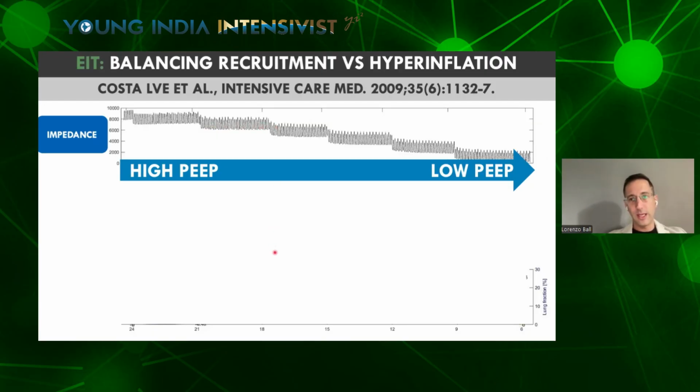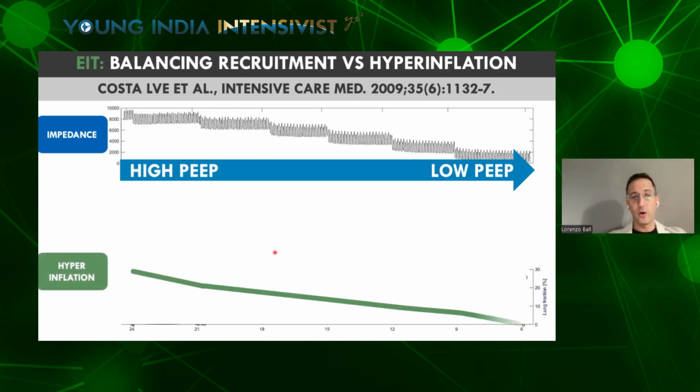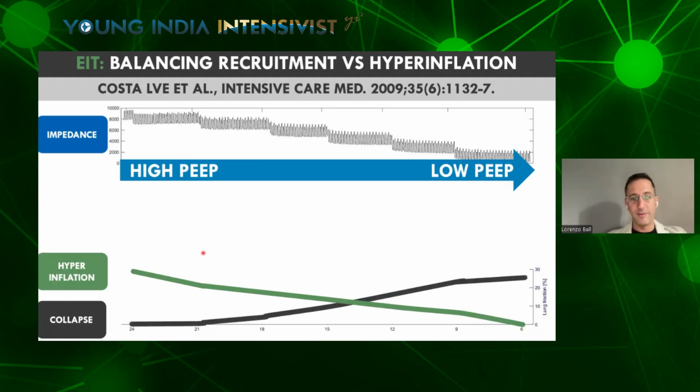What I can do with the EIT is tracking the amount of hyperinflated tissue, which of course decreases with decreasing PEEP, because I will have a lot of hyperinflation at 24 of PEEP and nearly no hyperinflation at a PEEP of 6 centimeters of water. On the other hand, I will have alveolar collapse, which will be very low at high PEEP levels, and it will go up at low PEEP levels.